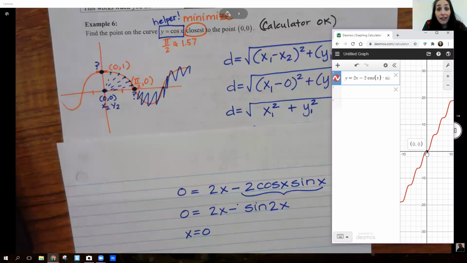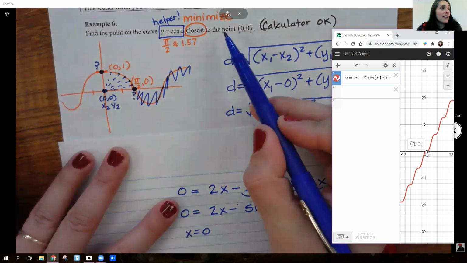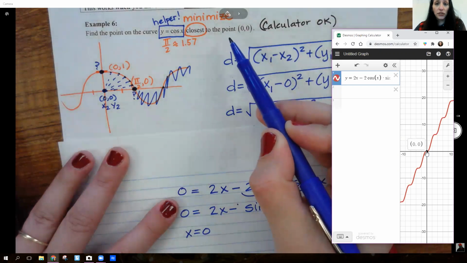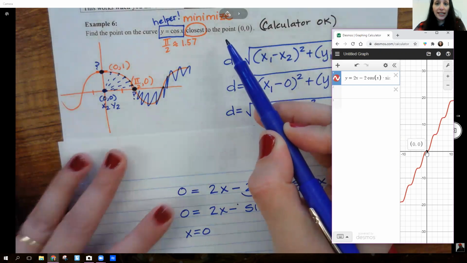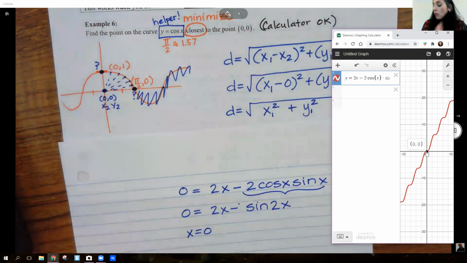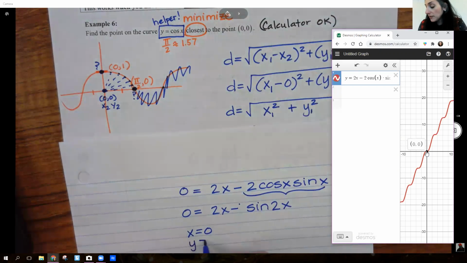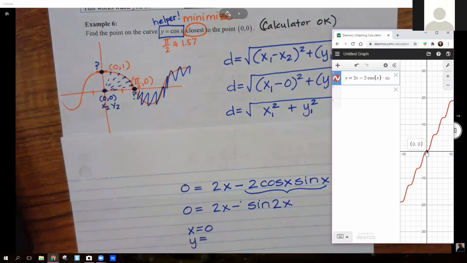That means our only critical value has to be x equals 0, but to find the y value, because I'm asked to find the point closest to 0, 0, I need the y coordinate also. What would I do to figure out what y has to be? Plug 0 back in the y equals cosine x.